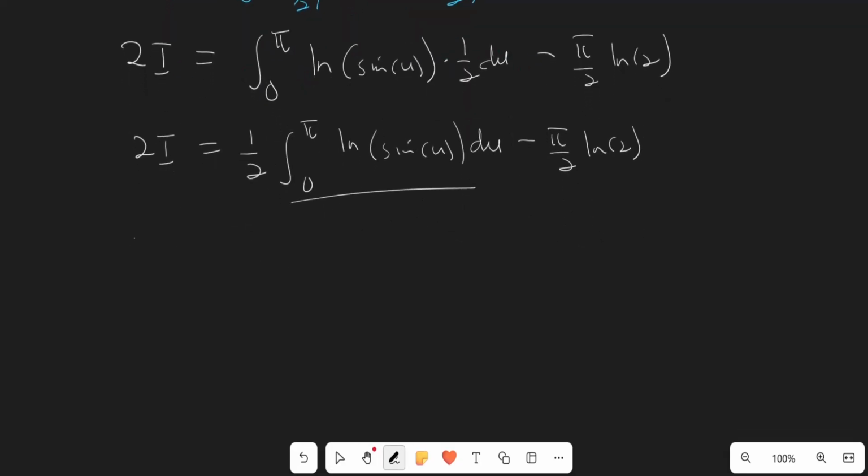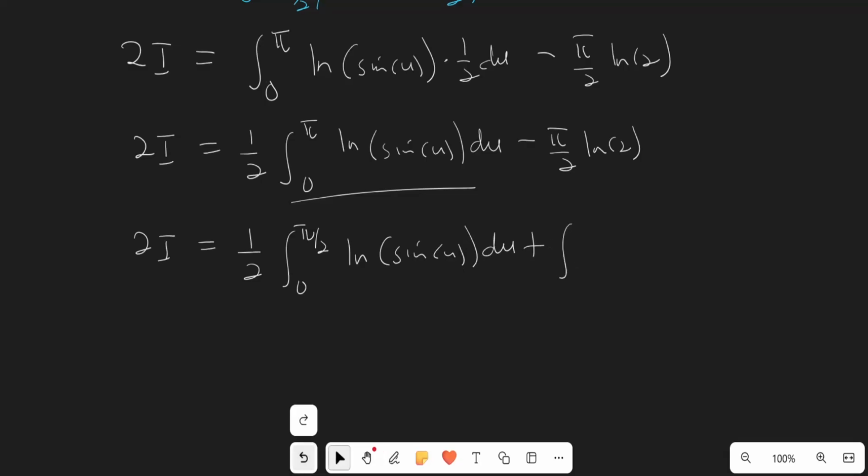This can be split into two integrals: the integral from 0 to pi over 2 of the natural logarithm of sine of u du plus the integral from pi over 2 to pi of the natural logarithm of sine of u du, minus pi over 2 natural logarithm of 2. All this multiplied by 1/2.